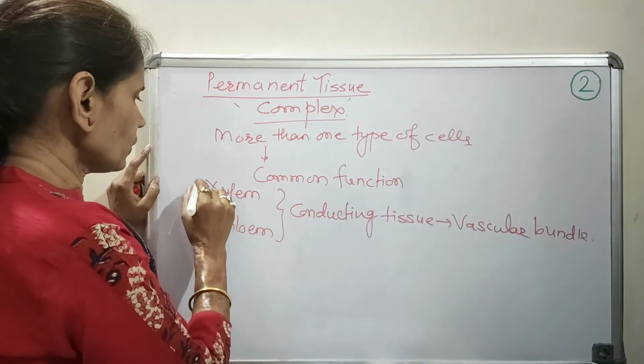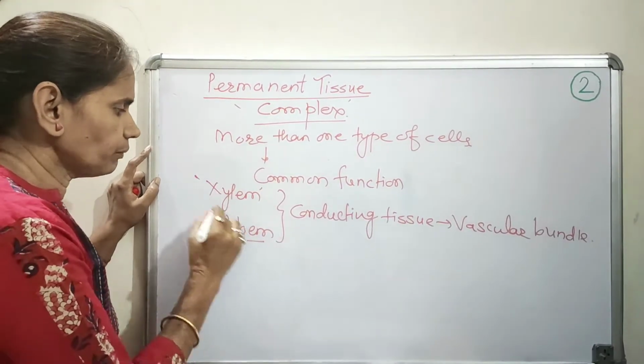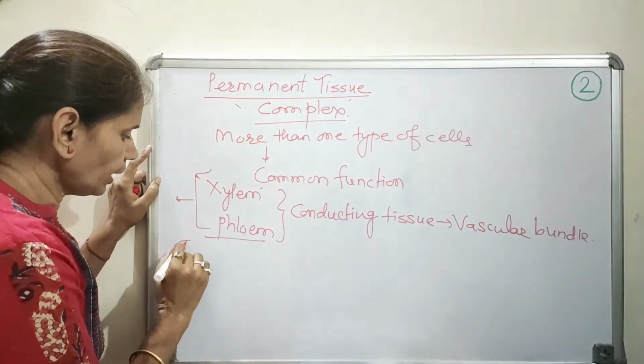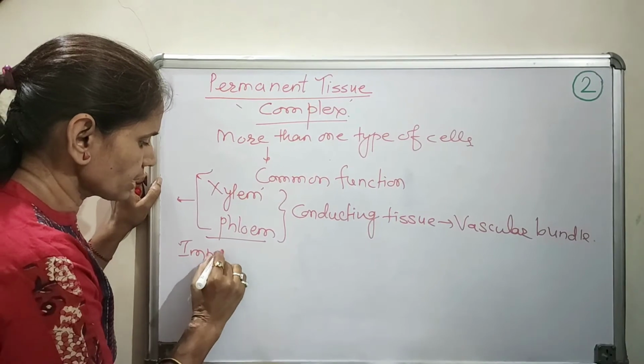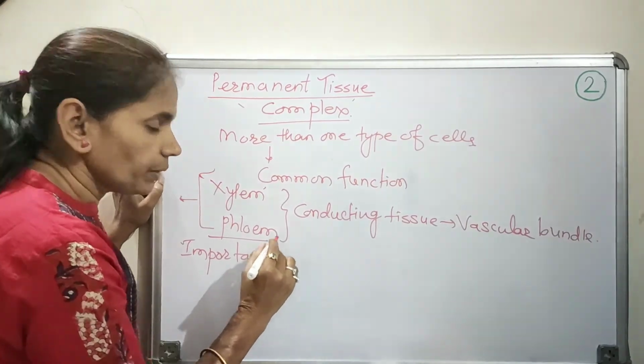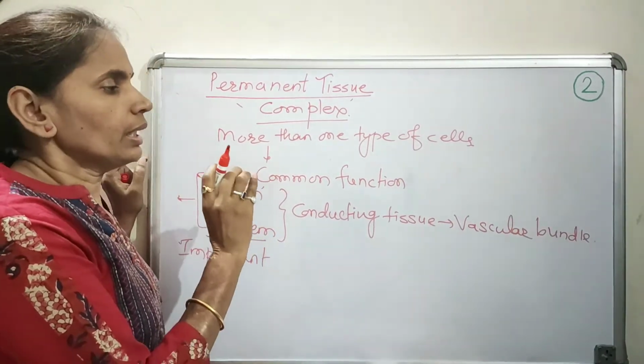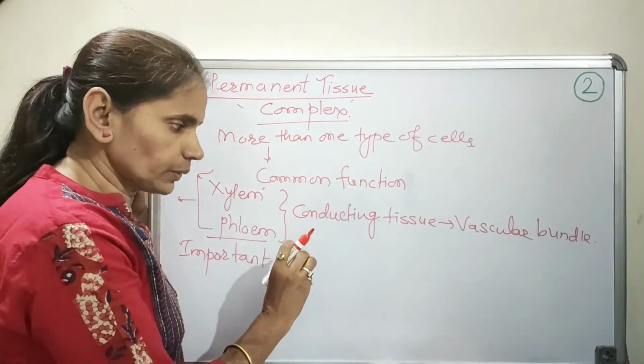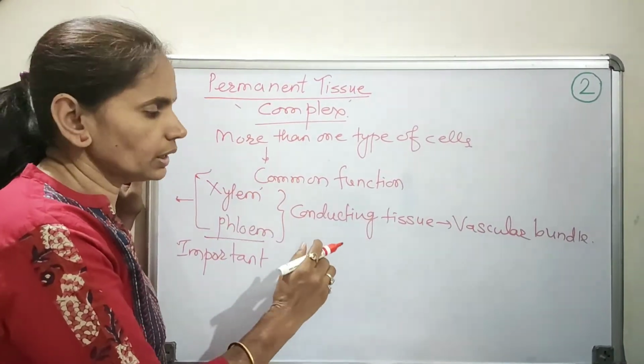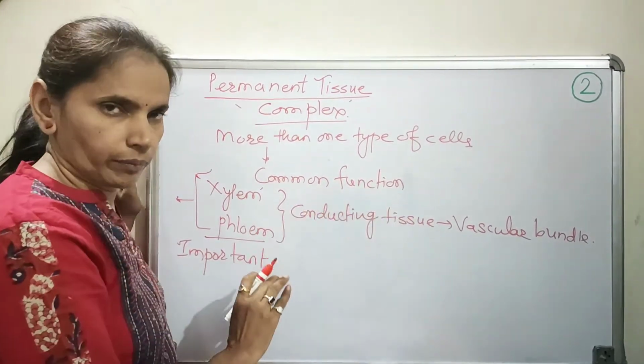This vascular tissue, xylem and phloem, is very important for plants because of these two vascular tissues, the plants can survive in the terrestrial environment.